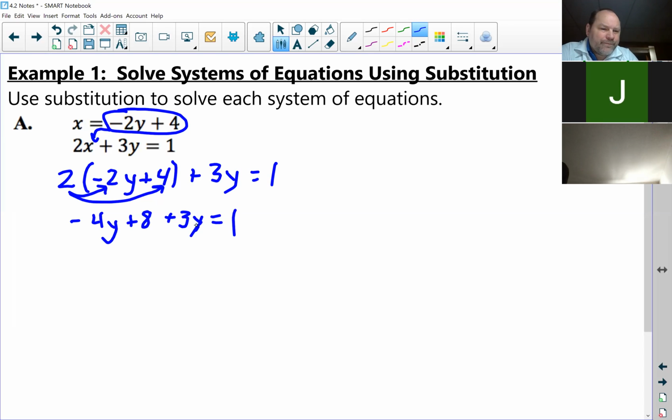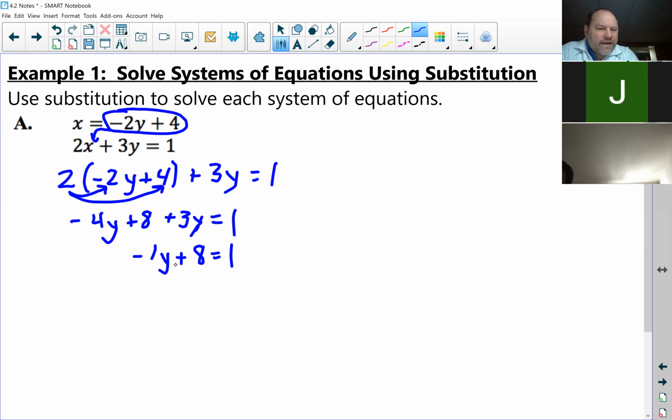Negative 4y plus 3y is negative 1y. Now get the y by itself. So undo any addition or subtraction.